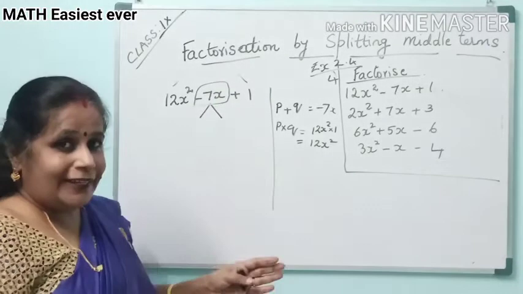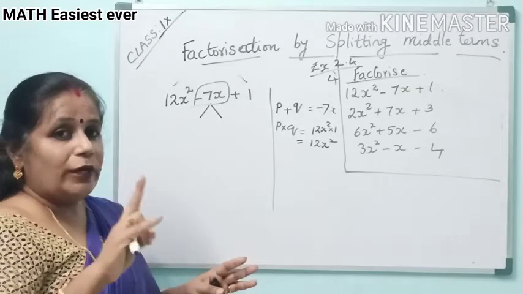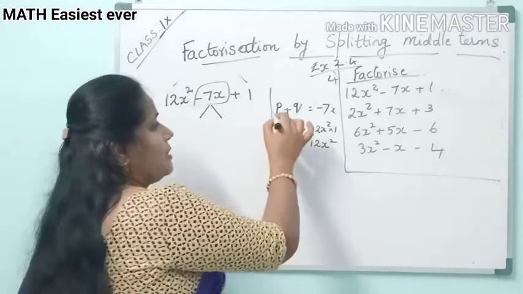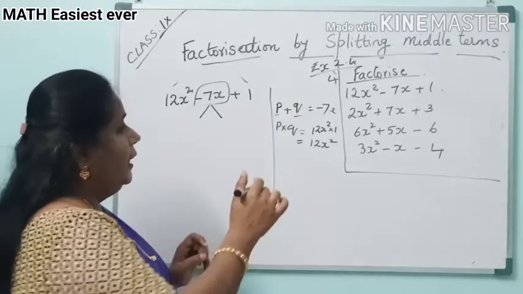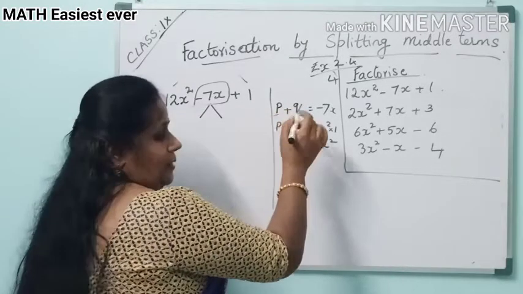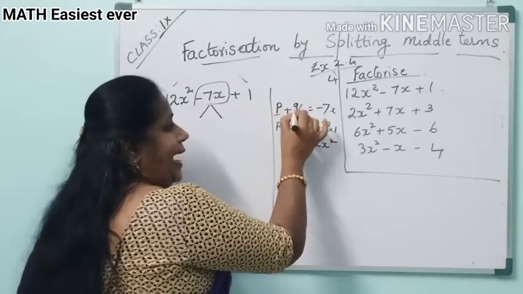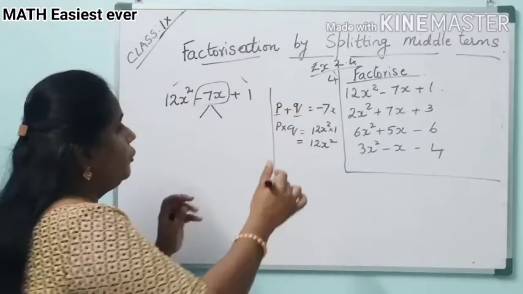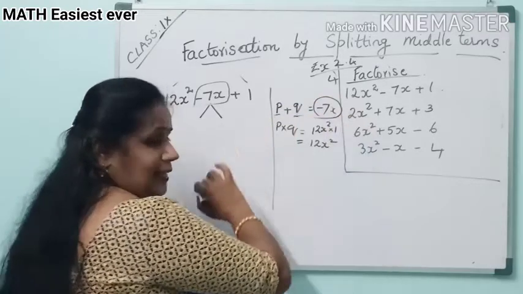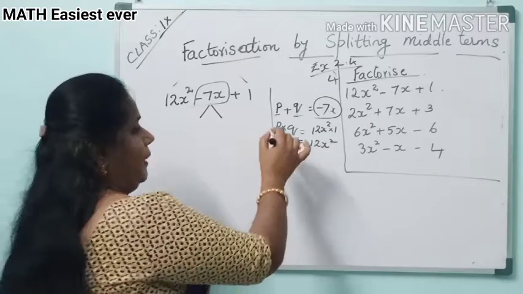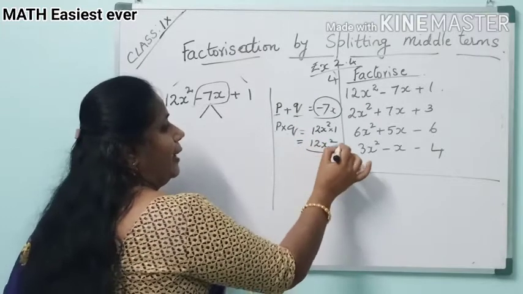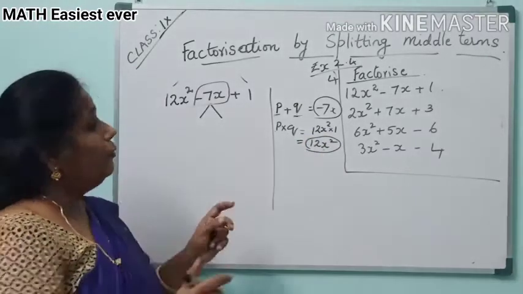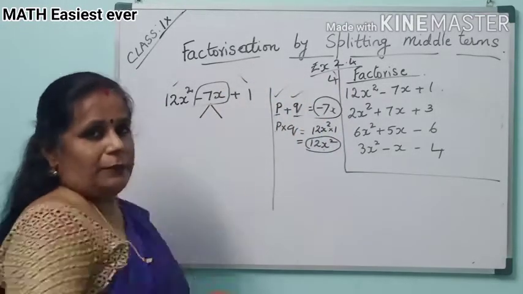You have to split it in such a way that you get two numbers, two factors P and Q. If you add the two terms P and Q, you must get minus 7x. And if you multiply P into Q, you should get 12x square. This is how you find out the two terms P and Q.